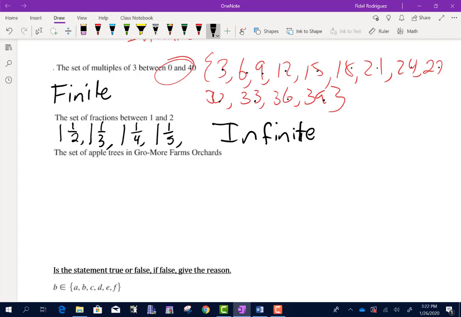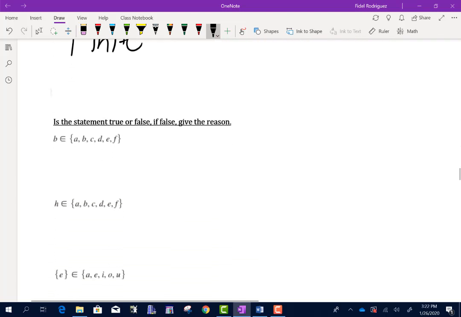The whole class might have to go, but we could go down a row at a time and count the trees in our row, and then we could meet at the end of the orange grove, and each say, well, I counted 28 trees, or I counted 31 trees, or whatever, and then we could add all those numbers up. It might take us a long time to do it, but it could be done. So we would say that this is a finite set. It might be a big set, but it would be finite.